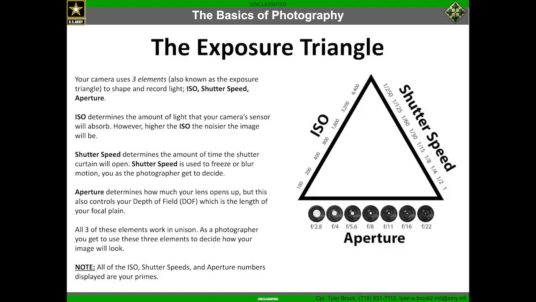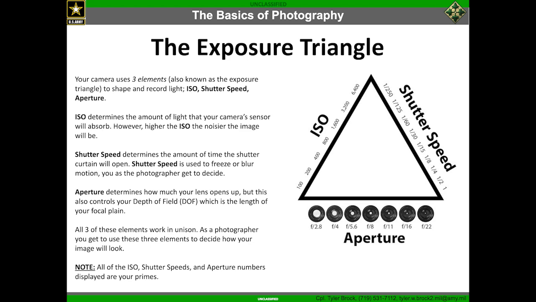The exposure triangle. Your camera uses 3 elements as depicted here in this picture. The 3 sides of this triangle. You have ISO, shutter speed, and aperture. I won't read through this slide word for word because I know that you can do that, but I will explain it this way. ISO controls how sensitive your sensor is, and basically the higher the ISO is, the more noise you let into your image.